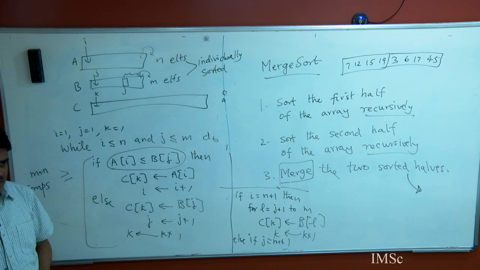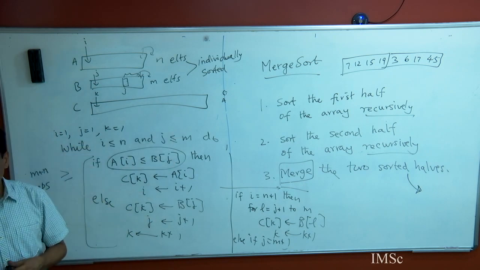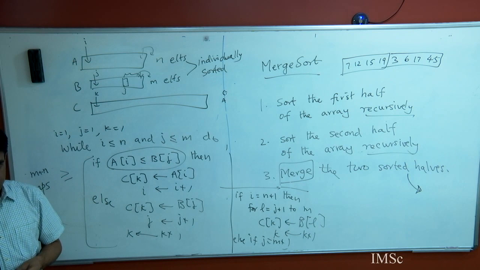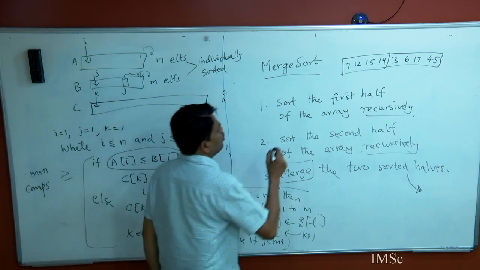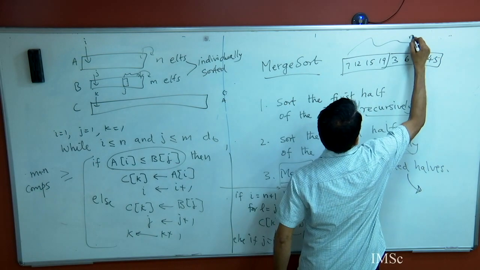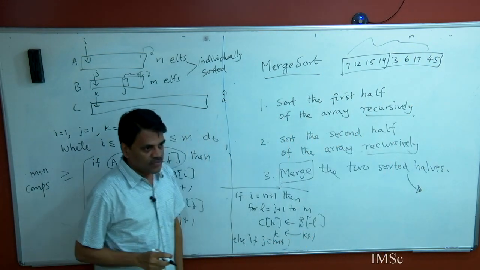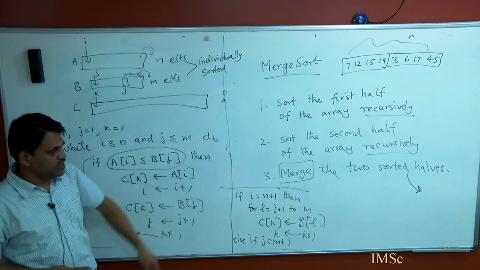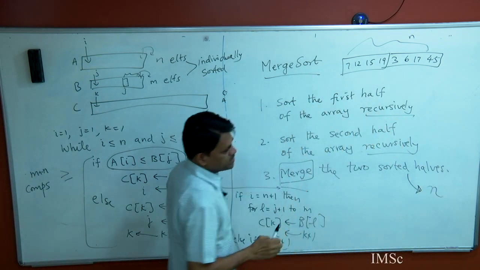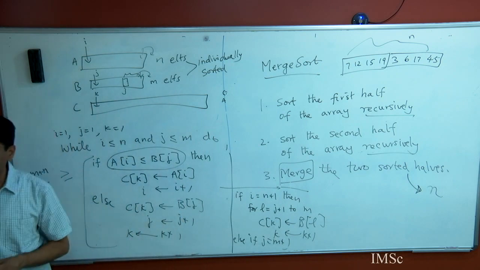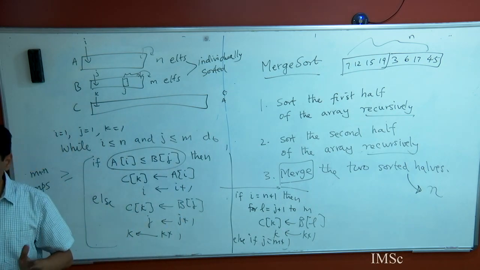What is n, in this case? Length of the arrays. I told you what the length is, right? We are talking about totally n. n by 2 plus n by 2, right? So this is n. So the number of comparisons made in the last step is n comparisons.